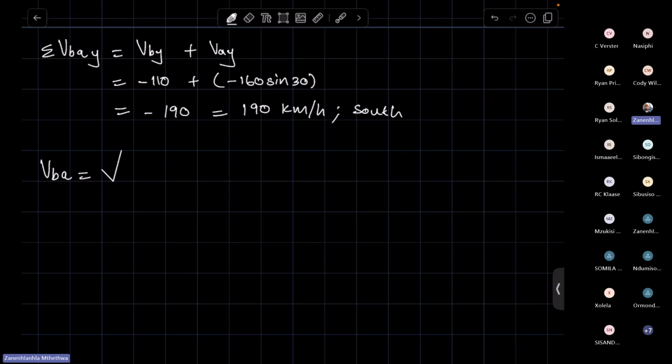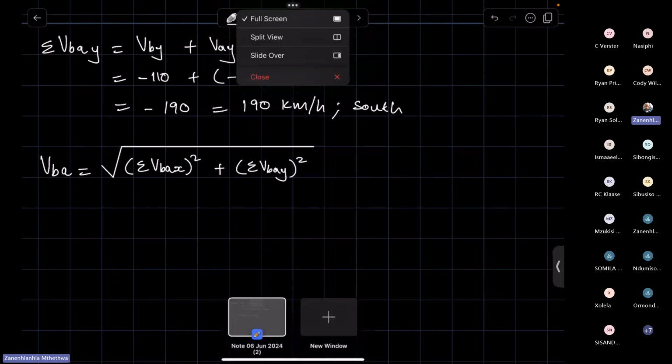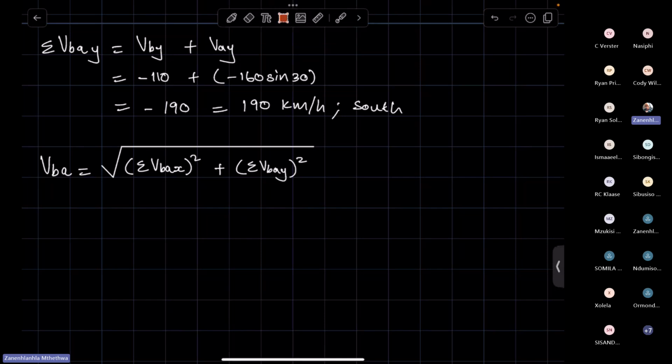of the sum of VBA in the x direction squared plus the sum of VBA in the y direction squared, using Pythagoras basically. Now we substitute.